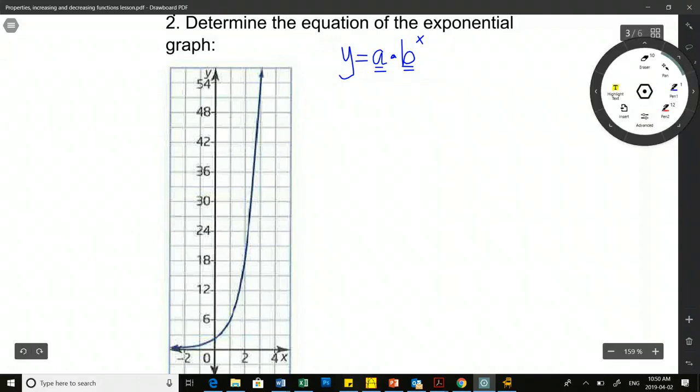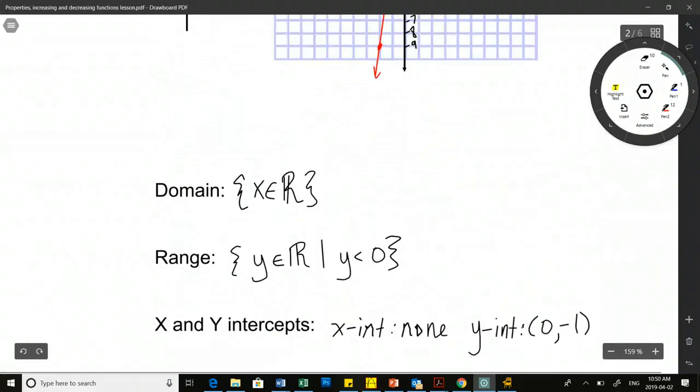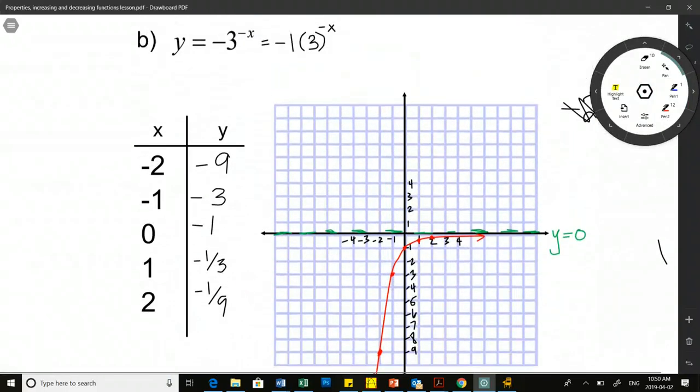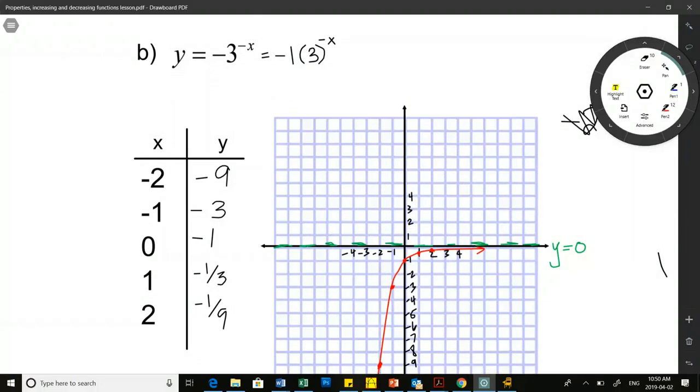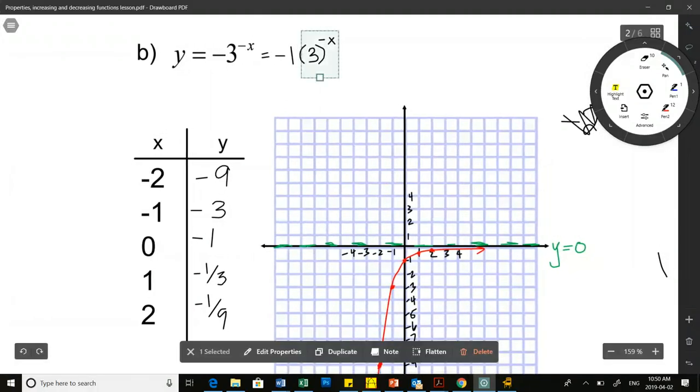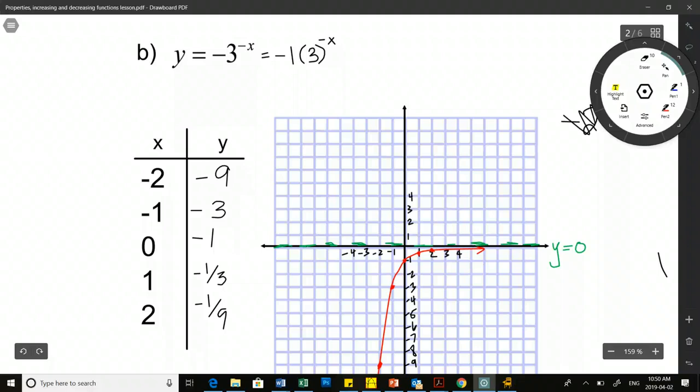Okay, so if we look back at the two graphs that we just graphed, I want you to look at this equation right here. So this equation, negative 1, what do you notice that relates to on my graph down here? Not the asymptote. The y-intercept.